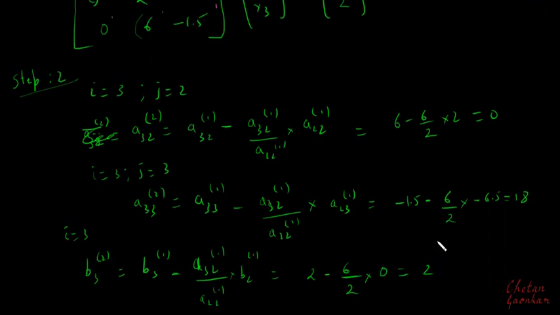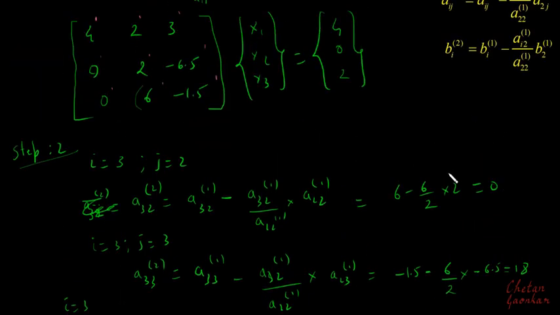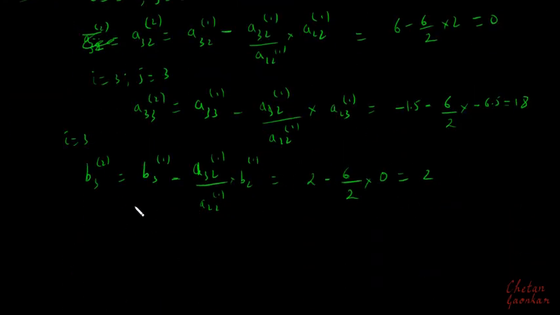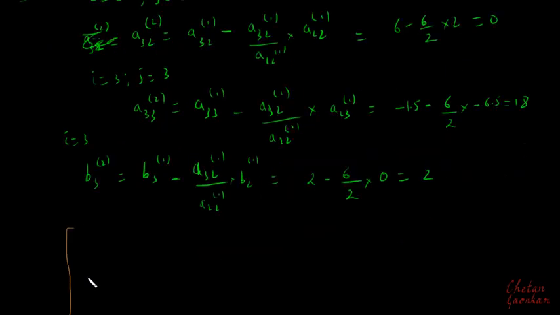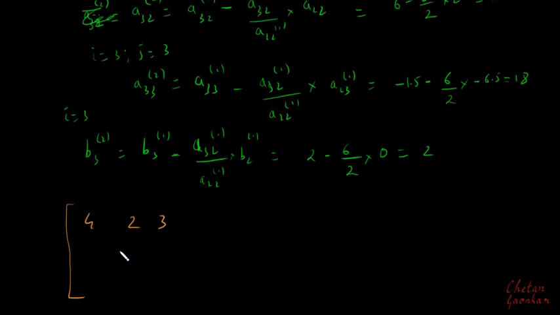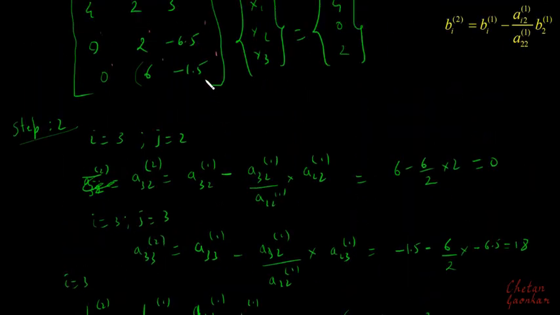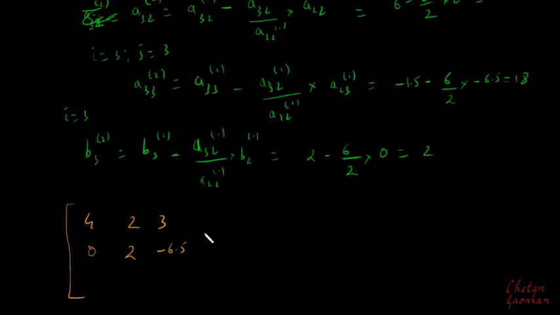So after step 2, these are my new values, and therefore I will have to rewrite my matrix. This row will be as it is, 4 2 3. This row will be as it is, 0 2 and minus 6.5.